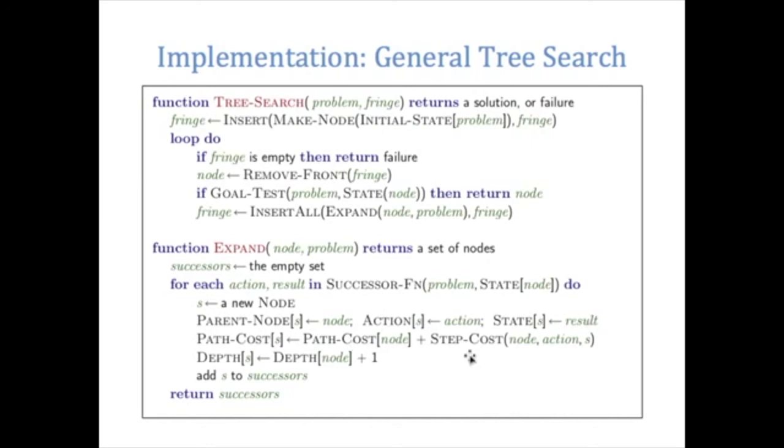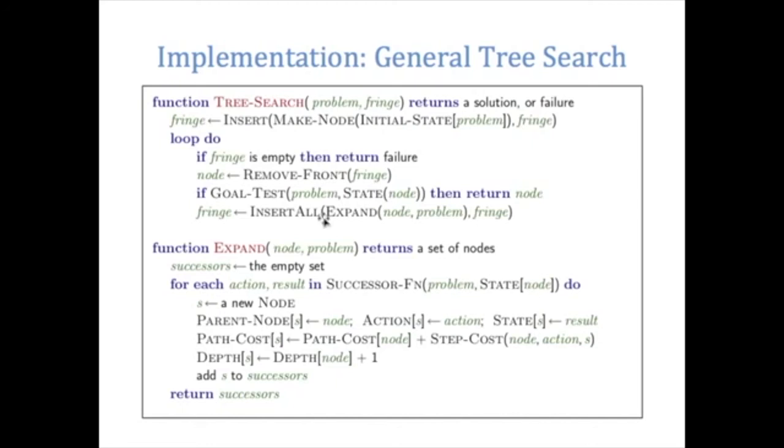We can calculate the path cost, which is either unit cost or the actual cost, and we increment the depth by 1 because we've now moved one level down in the tree, and we add S to the successors. And we do this until we've expanded all the possible states from the current state node. So that's how you do it.